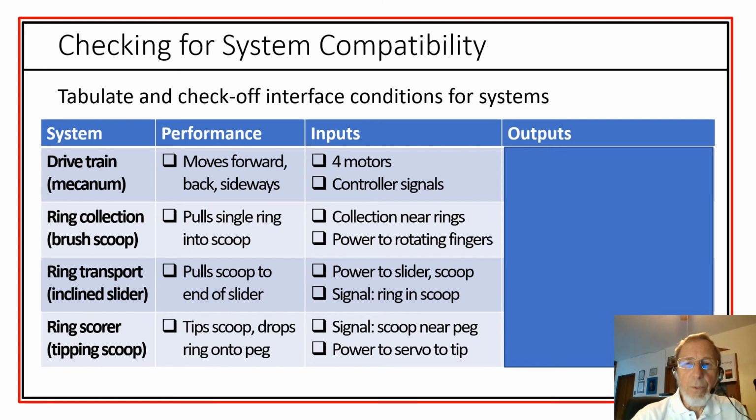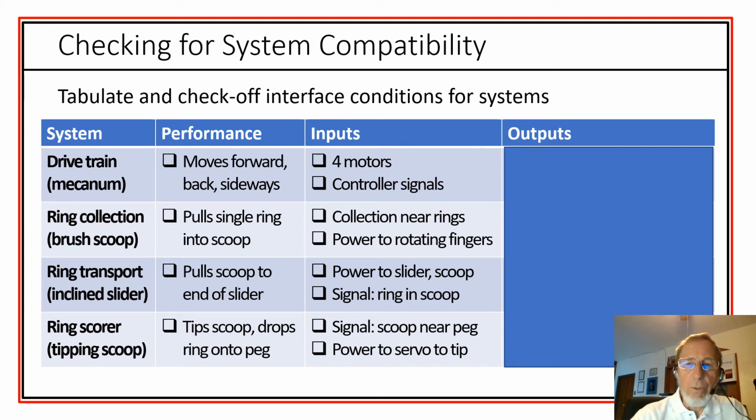The ring transport system needs power. It also would be helpful if this transport system had a signal that it received saying that the ring's in a scoop, you can proceed to the next step.